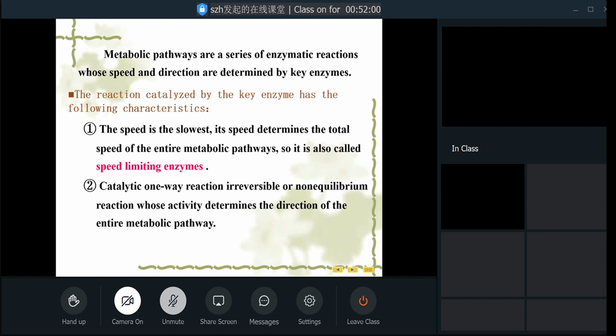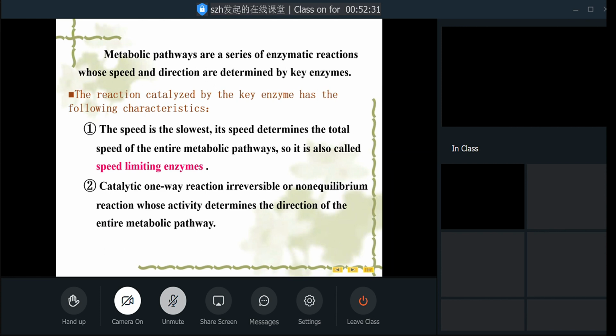The speed is the slowest, catalyzed by the speed-limiting enzyme. This first gives you the definition: what is the speed-limiting enzyme? Its speed determines the total speed of the entire metabolic pathway, so we call this enzyme the speed-limiting enzyme.